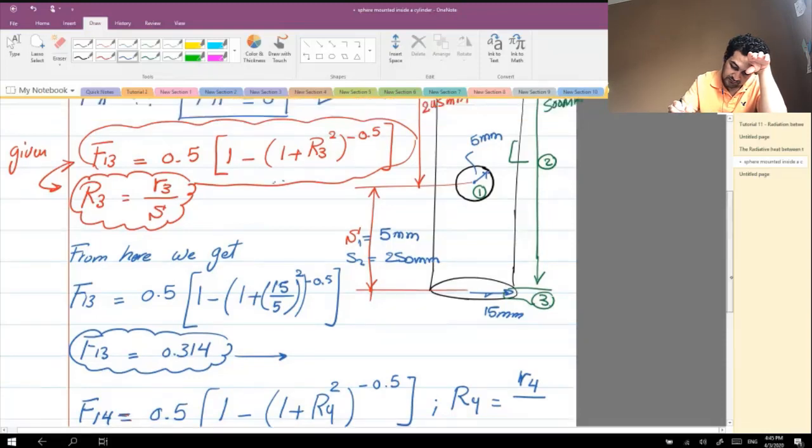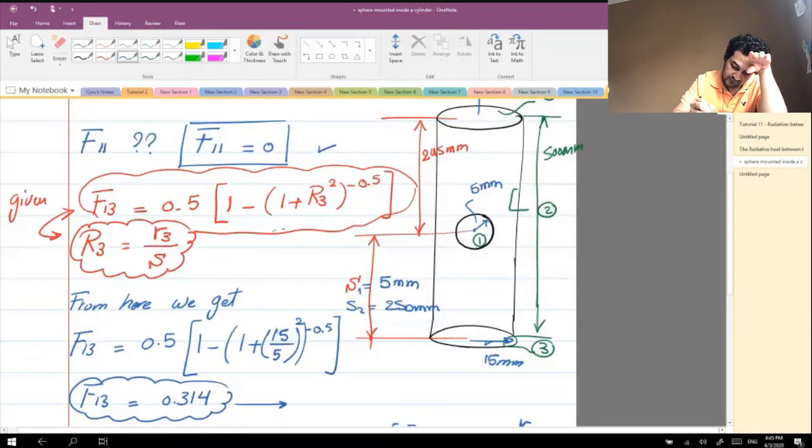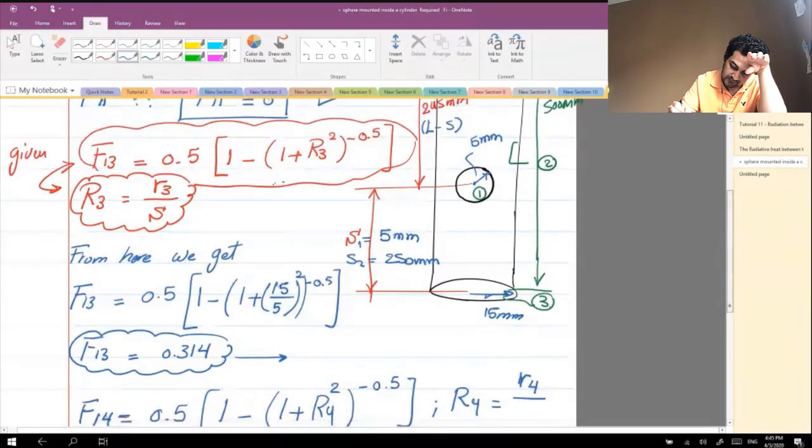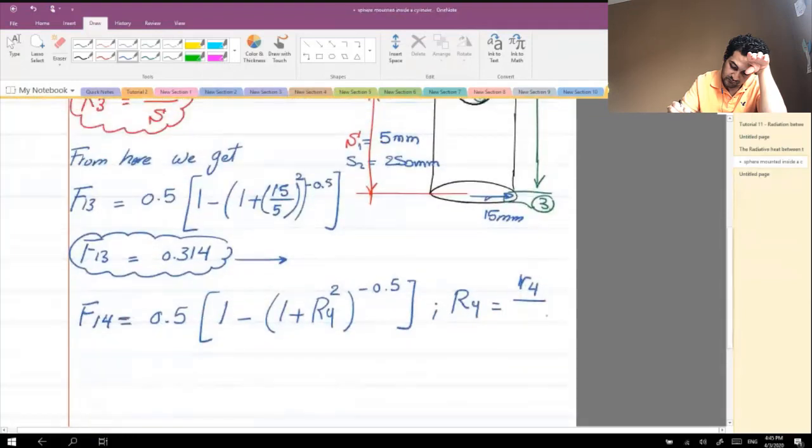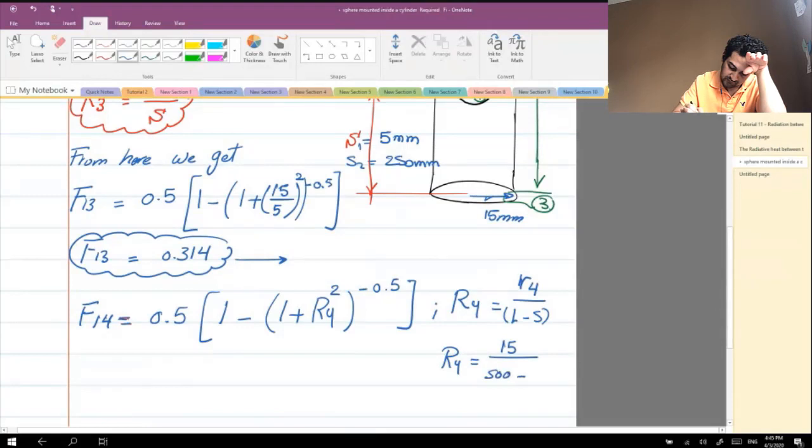But the distance from the sphere to the top surface here is L minus S, the length of the tube minus S. Right, so R4 is basically 15 over 500 minus 5 for the first case.